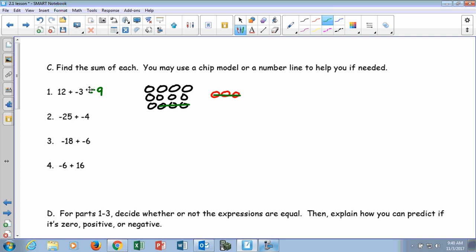Negative 25 plus negative 4. Not negative 21. Negative 29. Because remember, here's our number line, right? So if here's 0, and way down here is negative 25. All right, so we go this way.